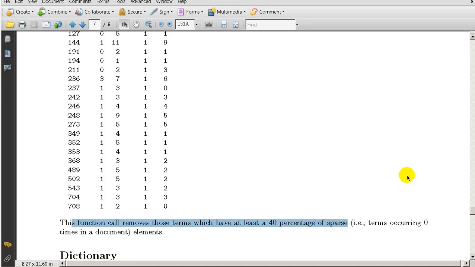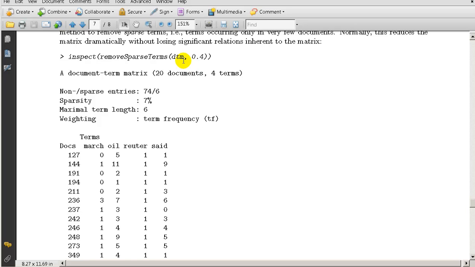So they have to occur in more than 40% of the documents in order to be included. Otherwise they get removed. So this says I only want terms that are in at least 40%. That's a lot, that's almost half of the documents. So it's being very strict here.